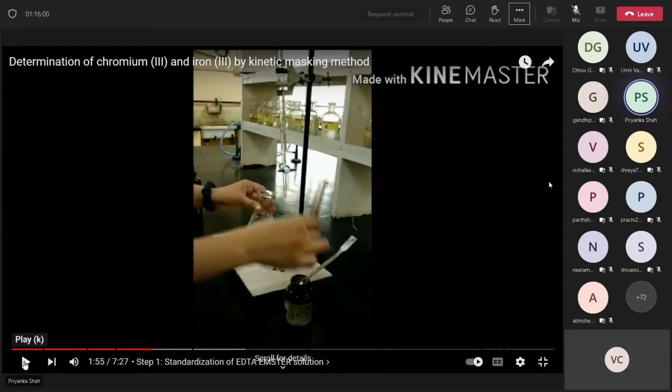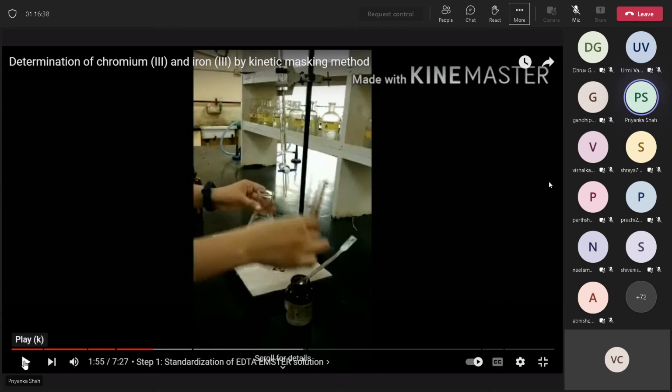If your EDTA solution is 0.01 molar, then prepare the same standard solution of metal ion at the same concentration, 0.01 molar, and titrate it against EDTA using the same conditions: pH 10 buffer and eriochrome black T indicator. Then by N1V1 = N2V2 you will get the molarity of your EDTA solution.